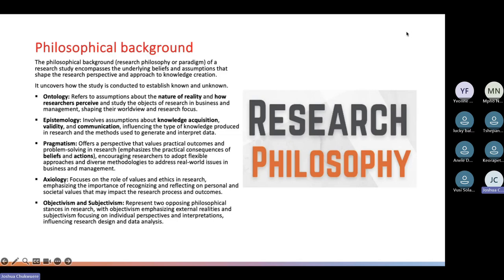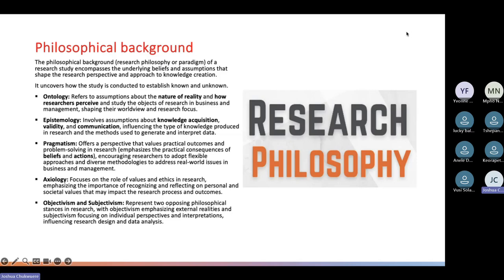What about in the case of a paradigm, sorry, in the case of pragmatism, which is all about trying to find a real life solution to a given problem, providing a practical outcome in solving a practical problem. Now, you want your research to be able to solve a real life situation.